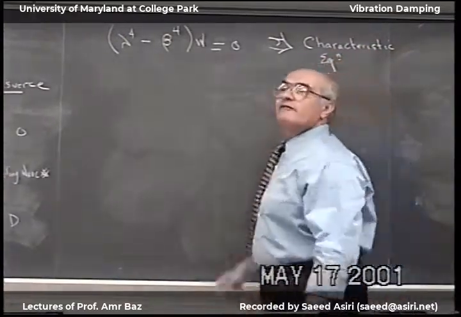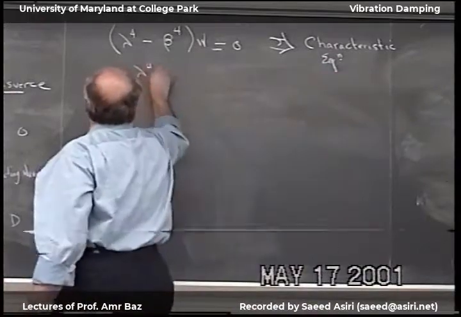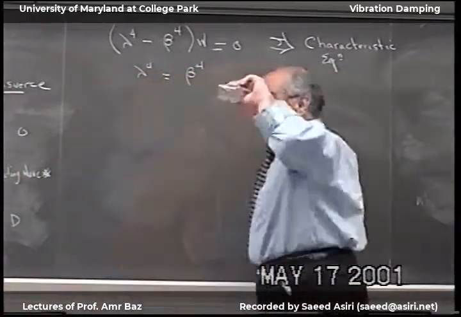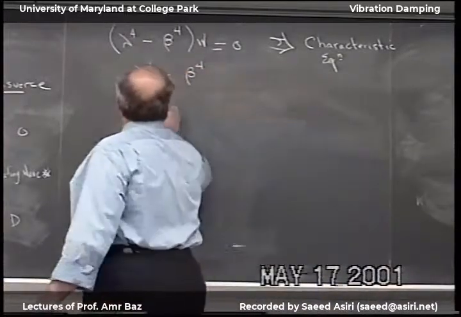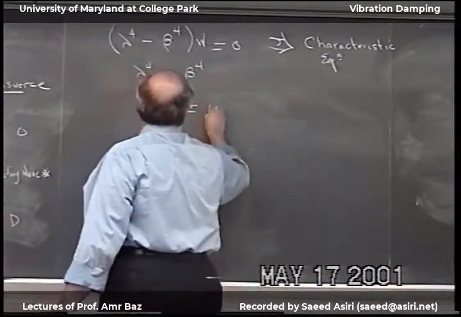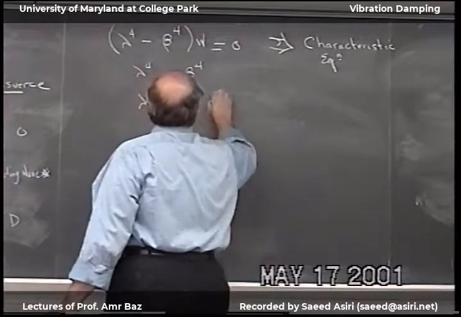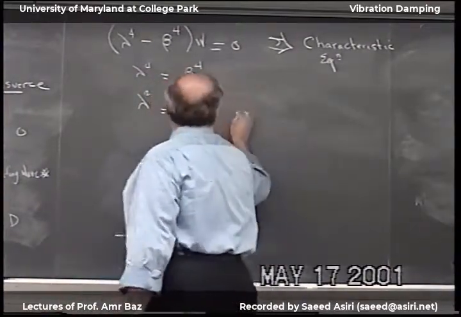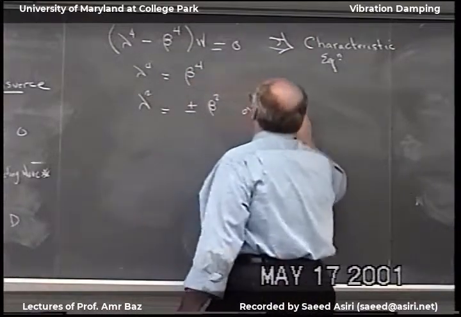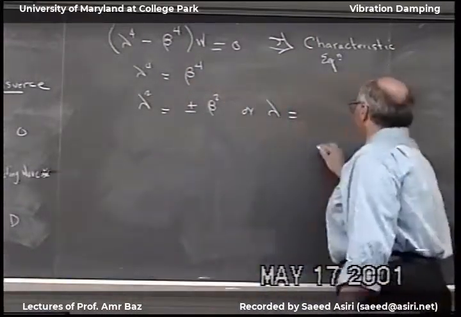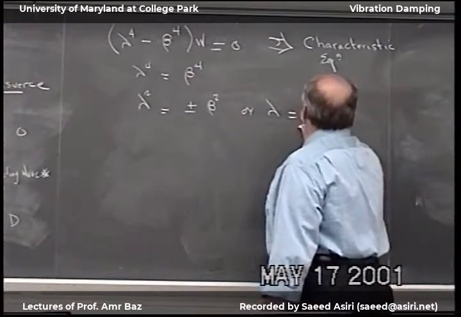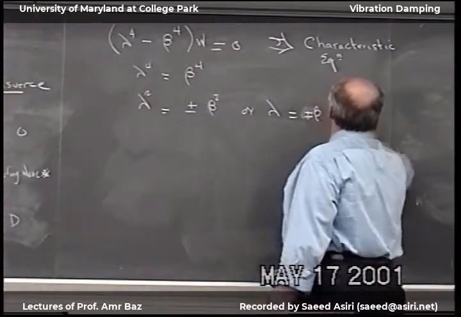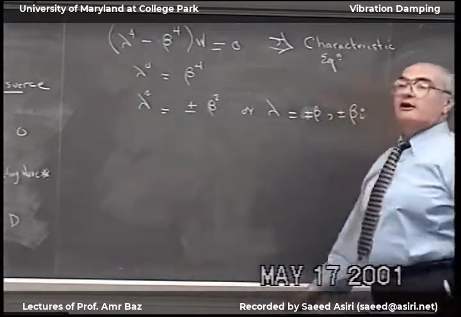And from here we have lambda to the 4th power is equal to beta to the 4th power, and the solution is lambda will equal plus and minus beta, and plus and minus beta i, or beta j.